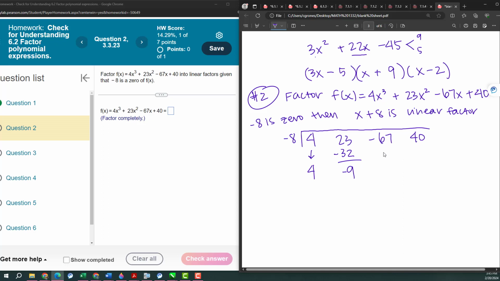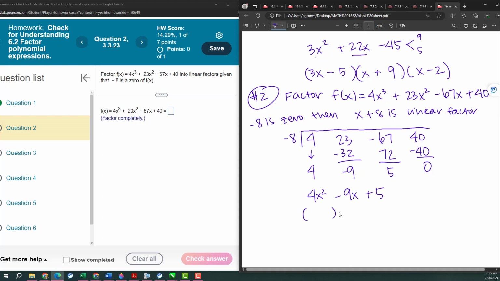Negative 9 times negative 8 is positive 72. 72 minus 67 is positive 5. 5 times negative 8 gives us negative 40, and we are left with 0 for our remainder. So we have 4x squared minus 9x plus 5.